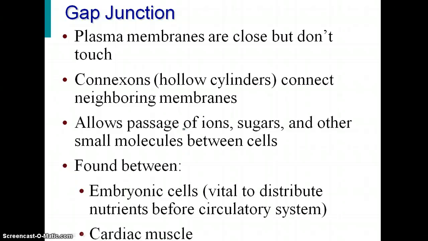So this is important for embryonic cells because in the first stages of embryonic development, you do not have a circulatory system. So the way that the cells will pass along nutrients is through these gap junctions in between the cells of the embryo. And in cardiac muscle, you will also see gap junctions as well.